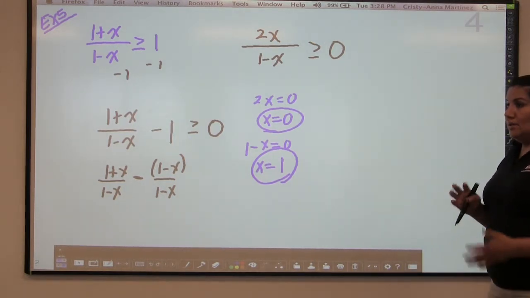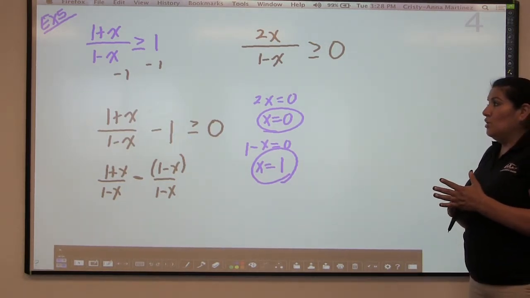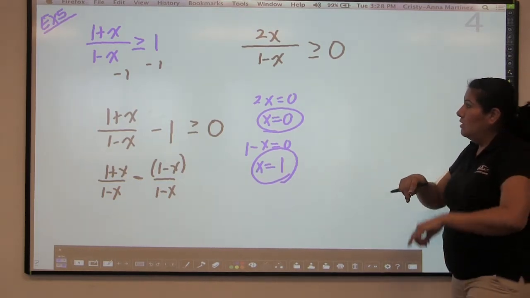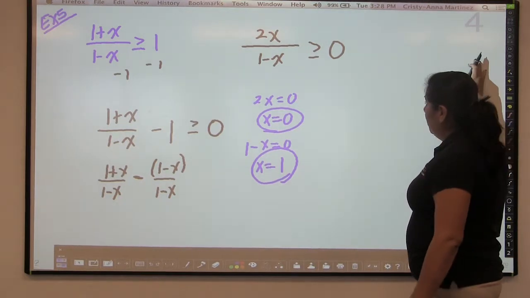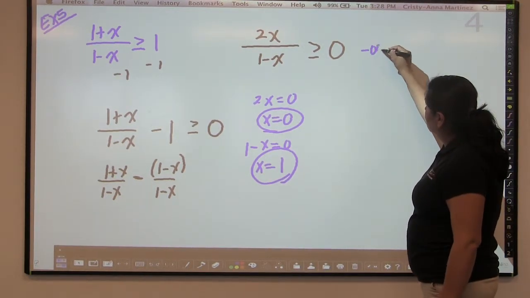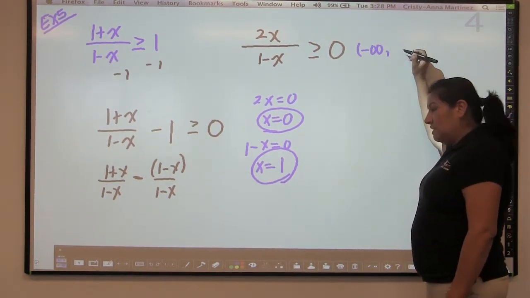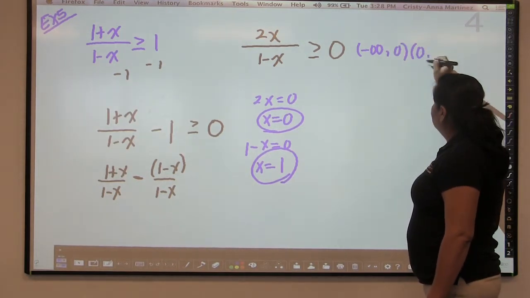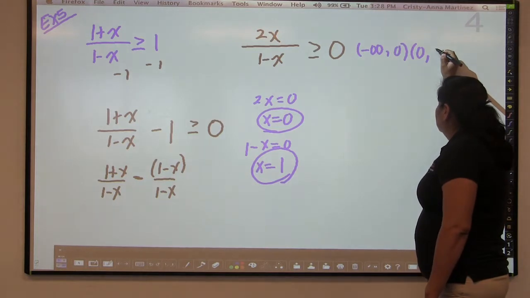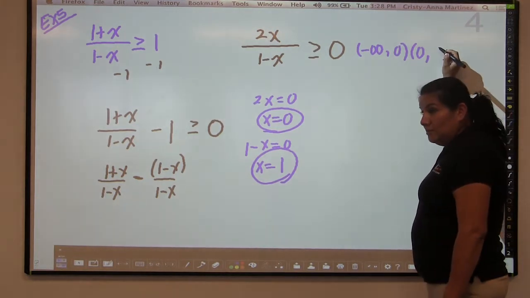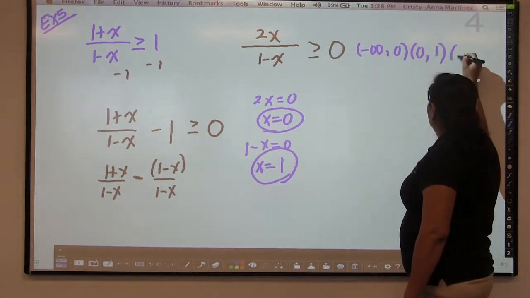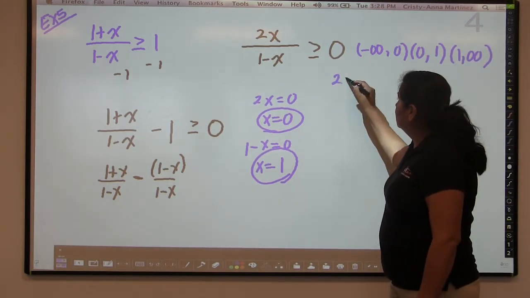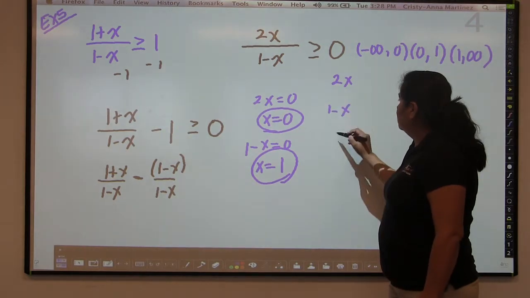In the case of a rational function, you have critical numbers from the top and from the bottom, both. So when I make my number line, I always start with negative infinity and go to my smallest number, which is 0. Then I go from 0 to 1, and then from 1 on. Then you have 2x, 1 minus x, and both.